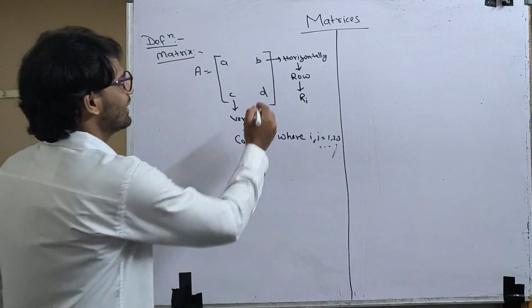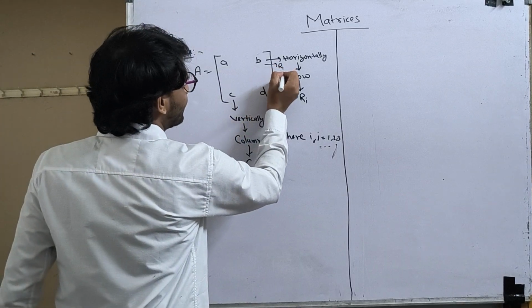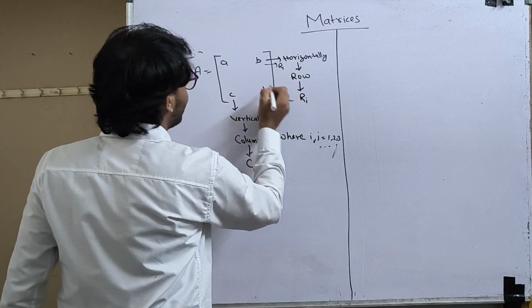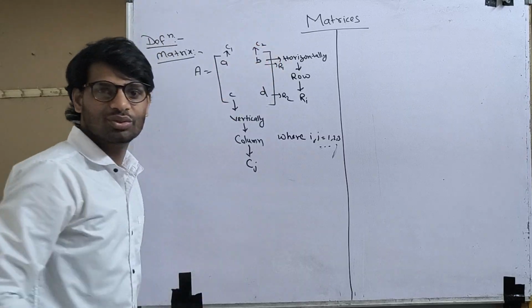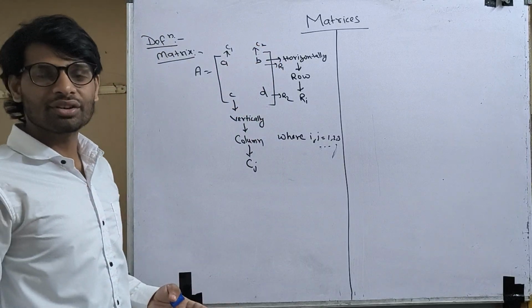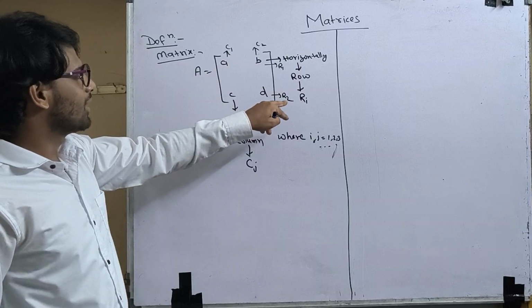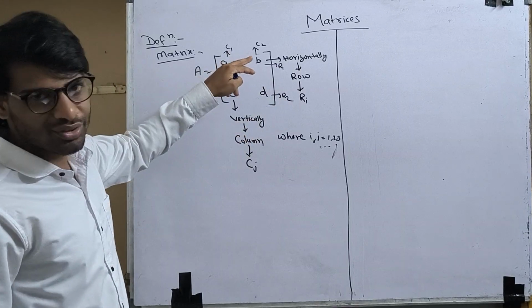This is R1, this is R2, and this is C1, this is C2. So the number of rows is 2 and the number of columns is 2.